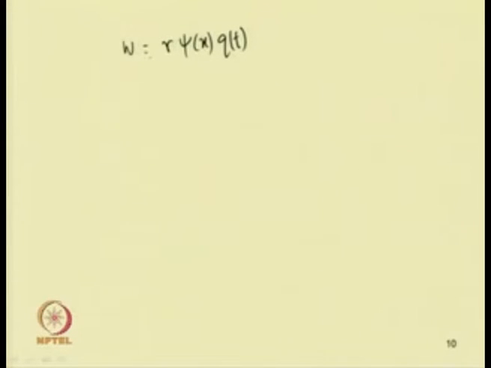So, both the methods will yield the same equation. In this case one can take only a single mode, but instead one can consider multimode analysis. So, here one can take r I into psi I x and q I t, where psi I x is the shape function of the ith mode.